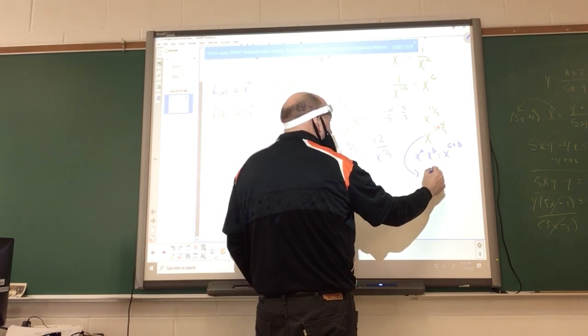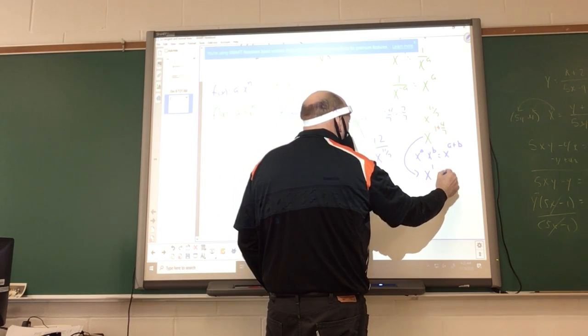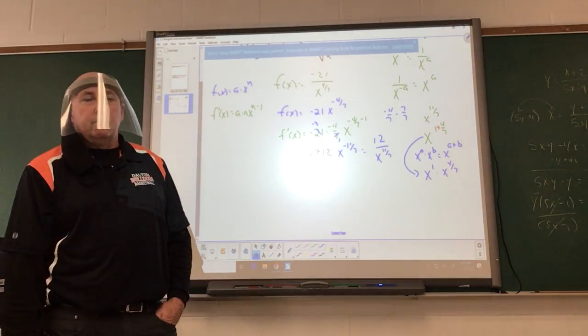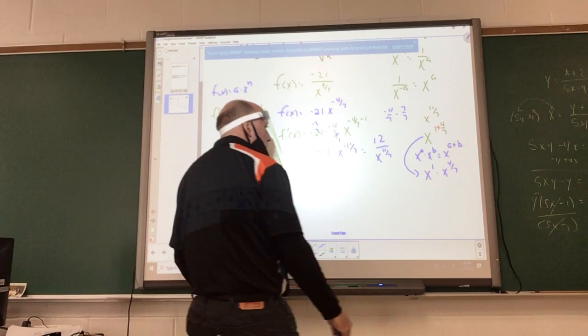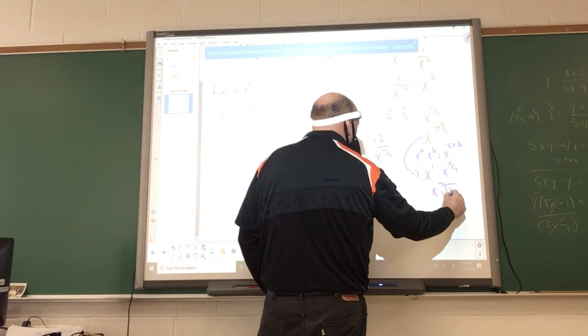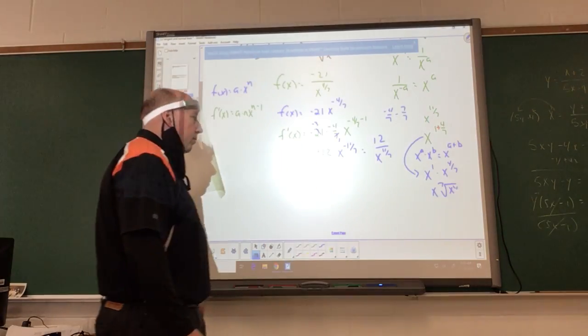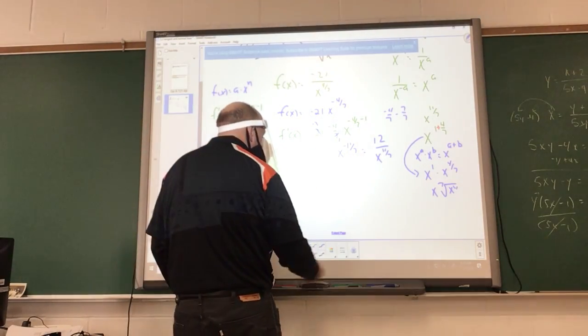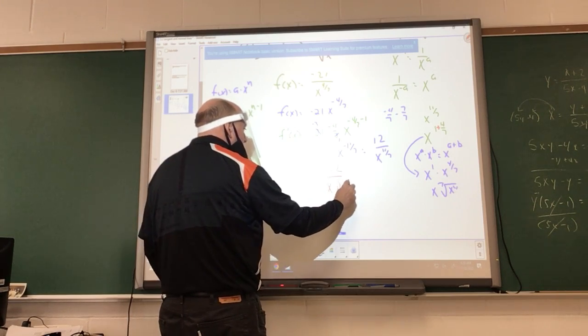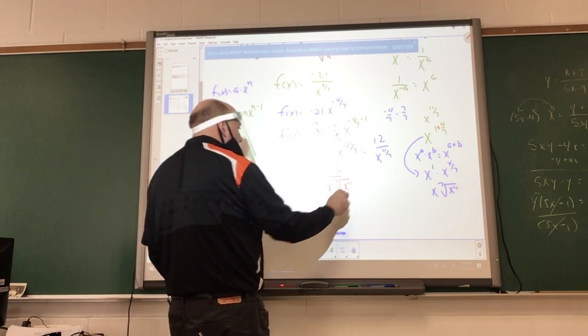So this would give us x to the 1 times x to the 4 sevenths power, which takes us back to x times the 7th root of x to the 4th. So my solution is 12 over x times the 7th root of x to the 4th.